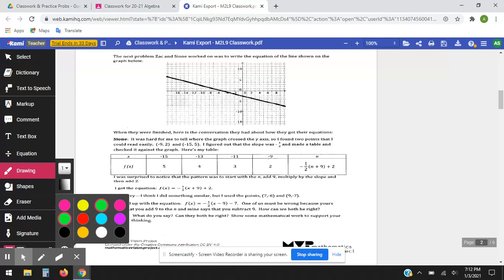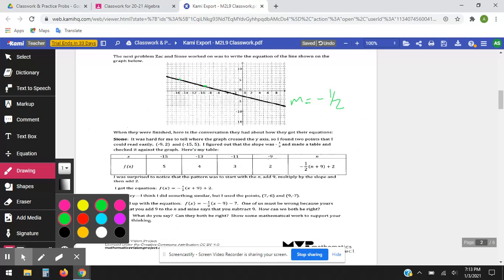Sion was in green, -9, 2, so about right there, and -15, 5, so about right there. So I figured out the slope was -1/2 and made a table and checked it against the graph. So m equals -1/2 because we're going from -9 to -15, 2 to 5.